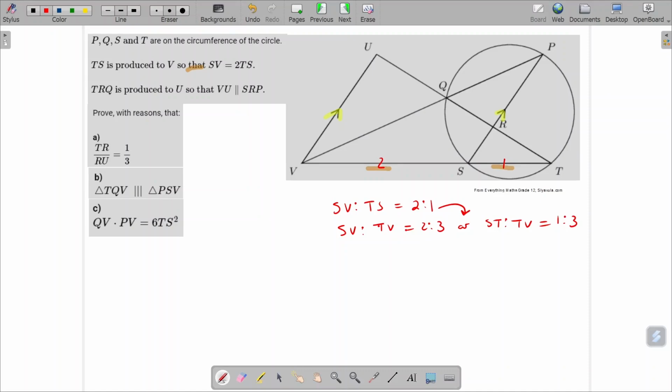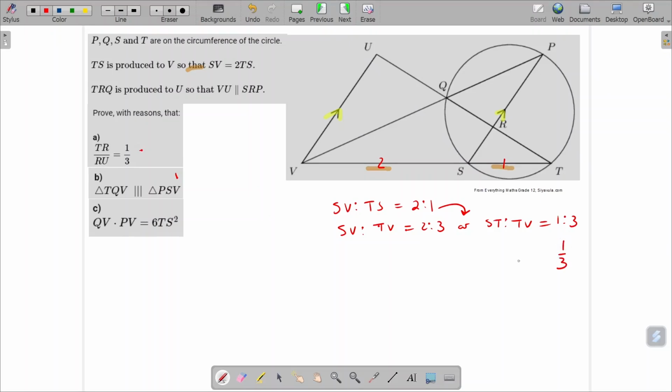Now that ratio on the far right hand side there of 1:3, again, we spoke about this previously, that I should be able to realize that a ratio of 1:3 is the same as a fraction of 1/3. So this is in the background thinking of how I'm approaching this sum.